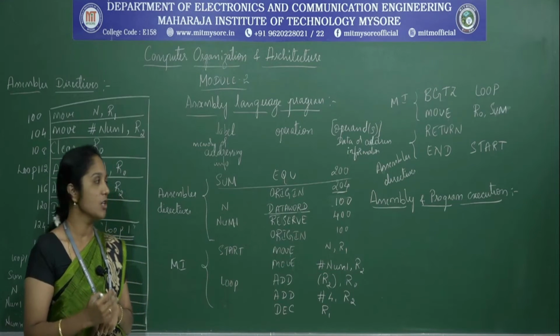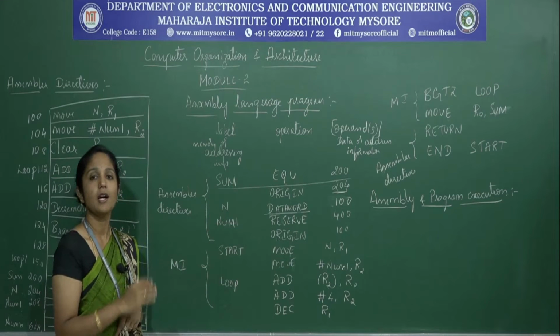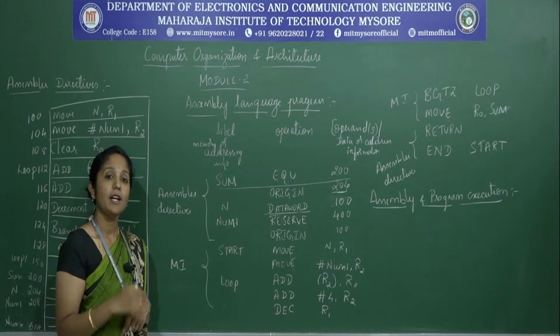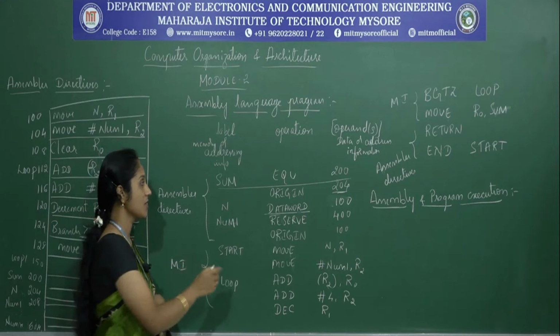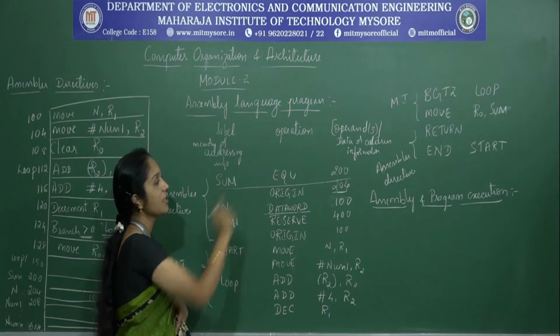wherein in the first pass it is going to generate the value for all the symbols and the labels, and record them in the symbol table, and in the second pass the assignment will be done, wherever it has to assign. For example, here we have sum and it is 200.